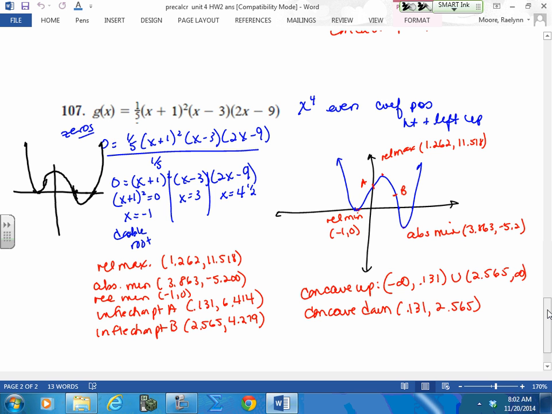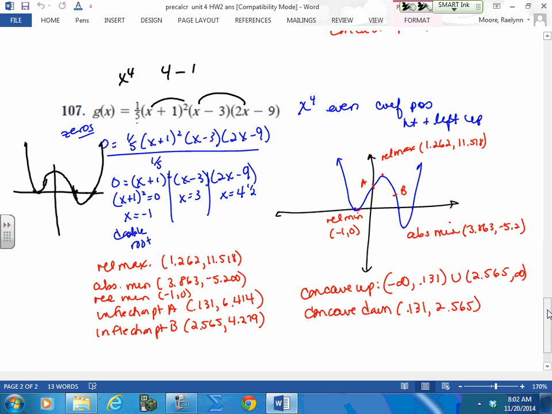You should be able to look at these graphs and tell me a lot about these graphs. Okay, so I start with my highest exponent, which is 4, because this is an x squared, this is an x times x, that's an x squared, x to the 4th.